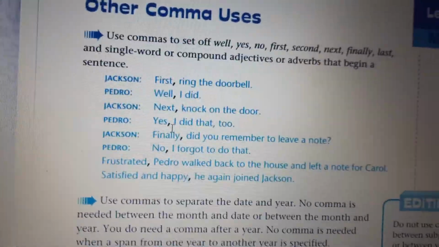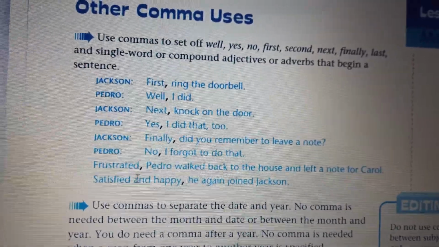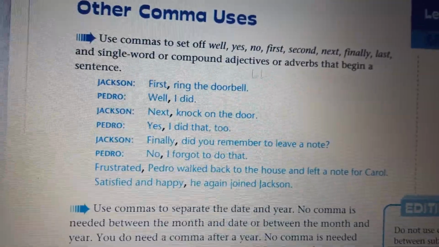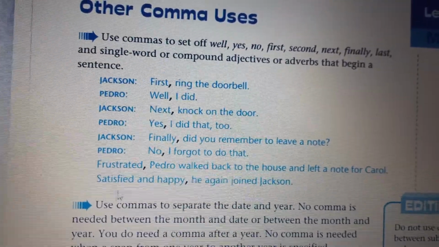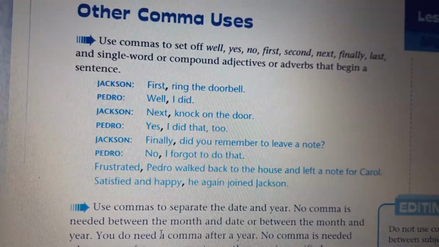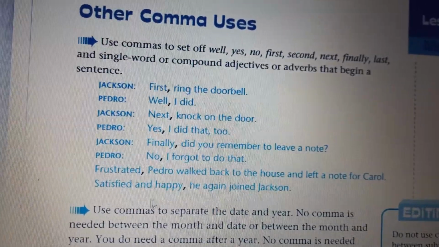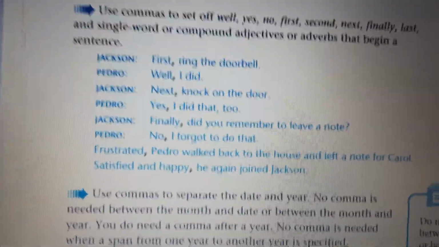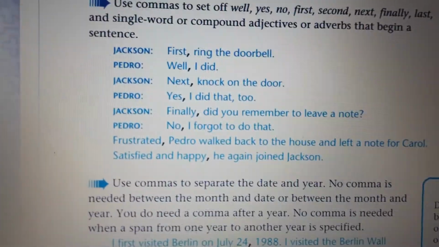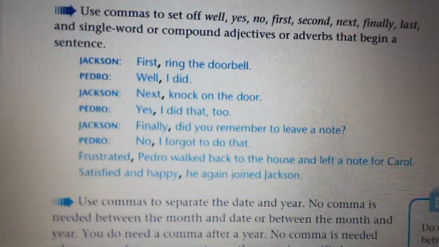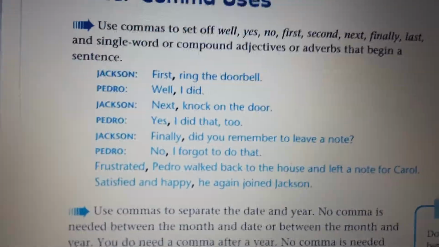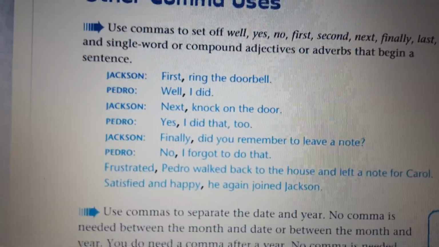Yes, no, comma, and finally, comma. Here, as we said about the adjectives and the adverb, frustrated, and then we have a comma. Satisfied and happy, we have comma. So basically here you have to learn how to use these. You can pause the video for a second and study this example because it is so important.